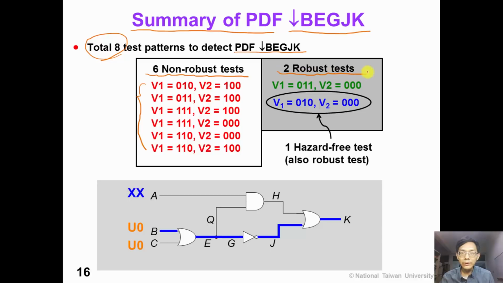Only 2 out of the 8 patterns are robust tests, out of which only 1 of them is a hazard-free test. From this result, we can see that the majority of the test patterns are actually non-robust tests. Only a small portion is robust test, and the hazard-free test is very, very few.